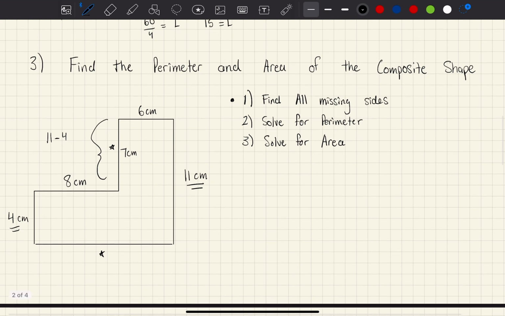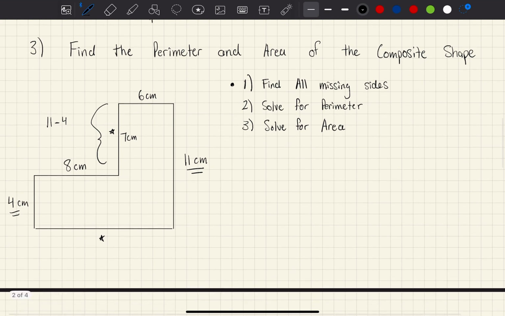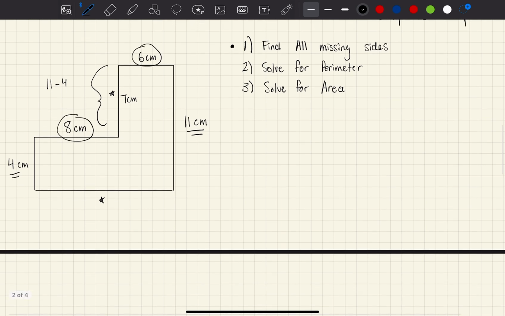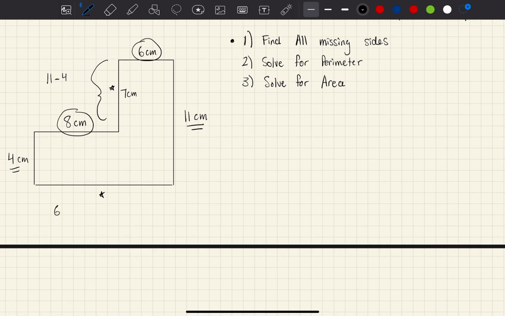And on the bottom, we have 6 centimeters here, and we have 8 centimeters here. So this bottom side is going to be 6 centimeters plus 8 centimeters, which would give us 14 centimeters. So we can write that in, 14 centimeters.